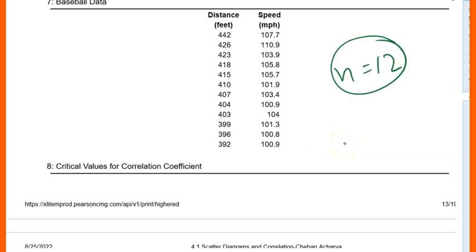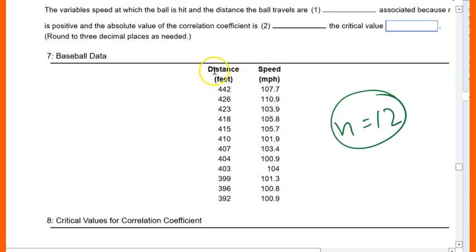Okay, 12 data. Now, if you look at this data, there are two variables, distance and speed, and you have to answer which one is the explanatory variable and which one is the response variable. Notice that how far the baseball travels depends on the speed of the ball.